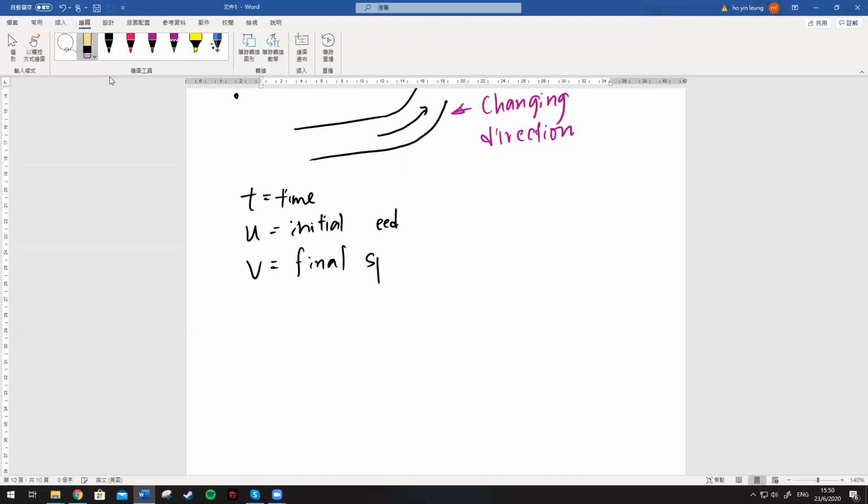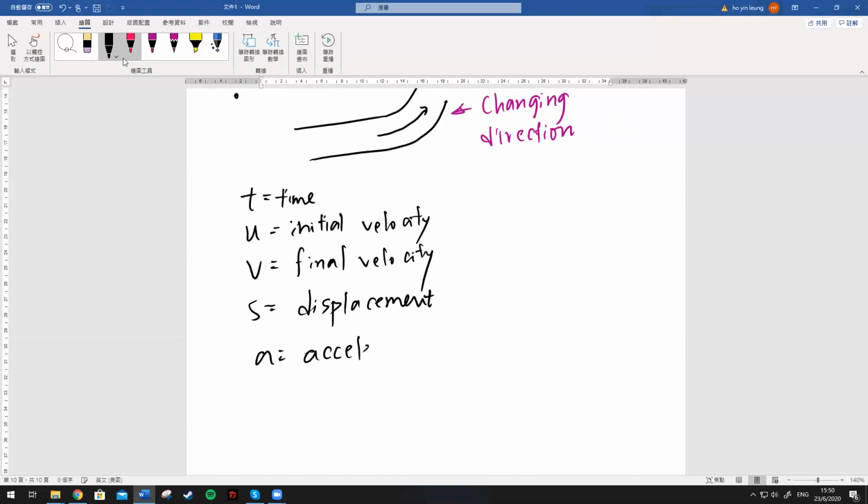Sorry, not speed, I wrote velocity, it should be. We have S, which is the displacement. And then finally, A is our main character, which is the acceleration, which is supposed to be constant.